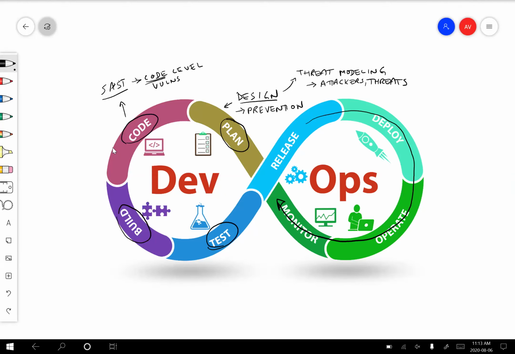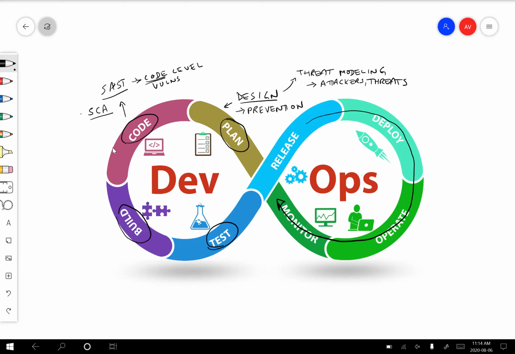So similarly, we call this one software composition analysis tools, SCAs, that need to be run so that we can identify whether there are existing vulnerabilities in the open source software that we are using, right? And if there are, I think the tools provide some advice on which version of that open source software is not vulnerable, and recommend using those, right?